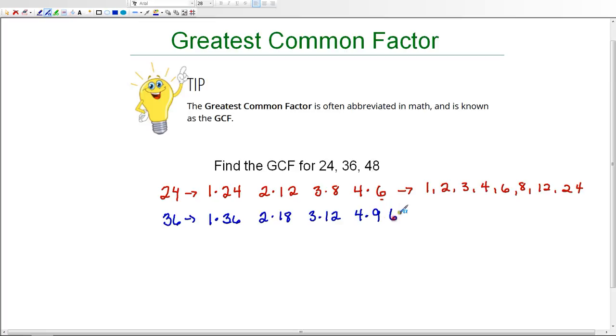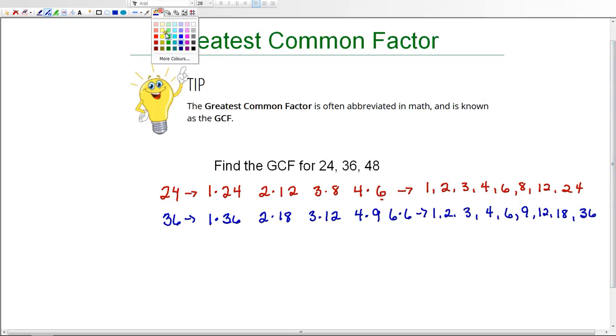And then we have 6 times 6. So the factors for 36 are 1, 2, 3, 4, 6, 9, 12, 18, and 36.